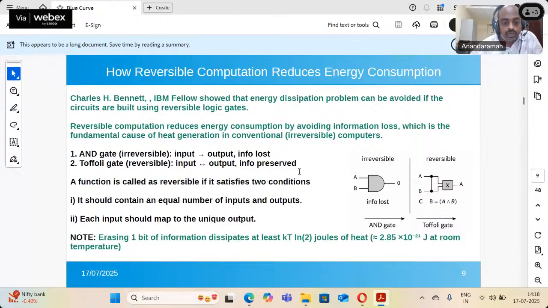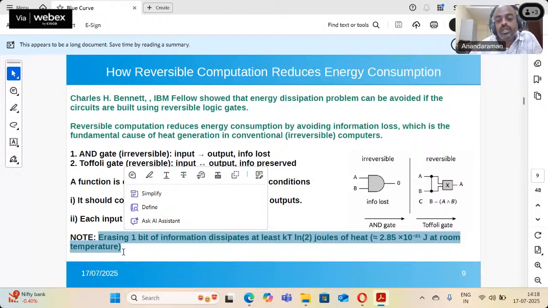It should contain an equal number of inputs and outputs. Each input should map to a unique output. Erasing one bit of information, this is the actual thing: erasing one bit of information dissipates at least kT ln 2 joules of heat, approximately 2.85 into 10 power minus 21 joules at room temperature.